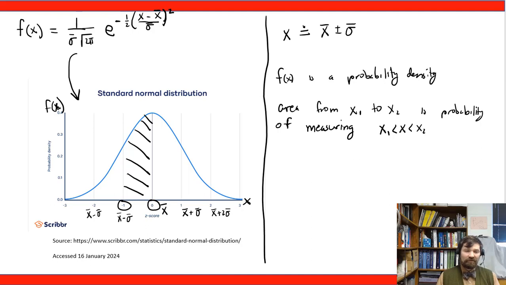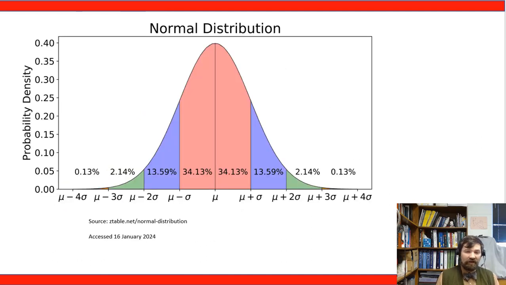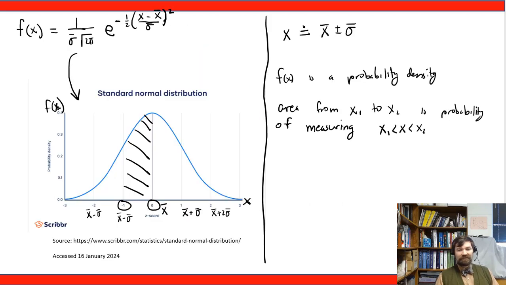And by the way, some sources, instead of using a sigma for standard deviation, will use a nu. I mention that because I have here from the ztable.net website a normal distribution which has gone and found these areas, although they've expressed them as percentages. Now you may be wondering, why would we express this as a percentage? Well, because it's a probability.